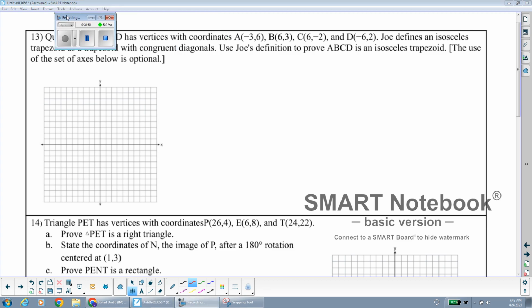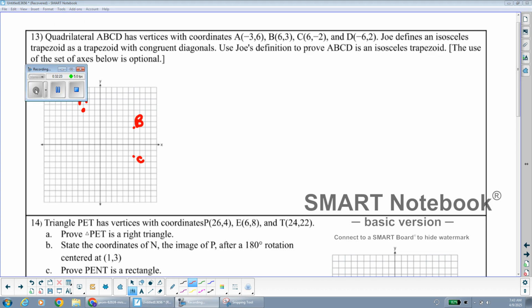Okay, for this one over here, I'm going to graph real quick. 1, 2, 3. 1, 2, 3, 4, 5, 6. 1, 2, 3, 4, 5, 6, 1, 2, 3. How does D have the same point? That's incorrect.